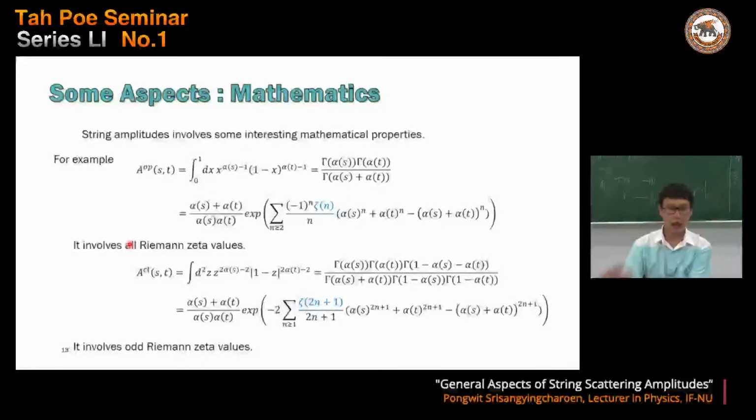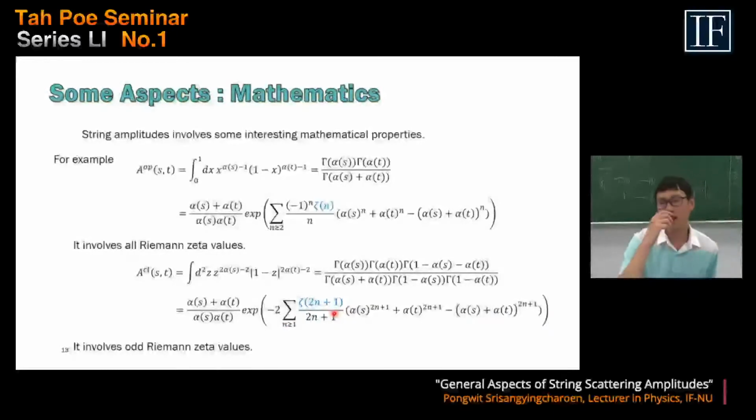And in the closed string, if you expand it in the same way, you can see that the expansion goes in a similar way. The expression of this line and the lower line are approximately the same, but in the closed string, the summation covers only odd terms. So the even terms disappear.